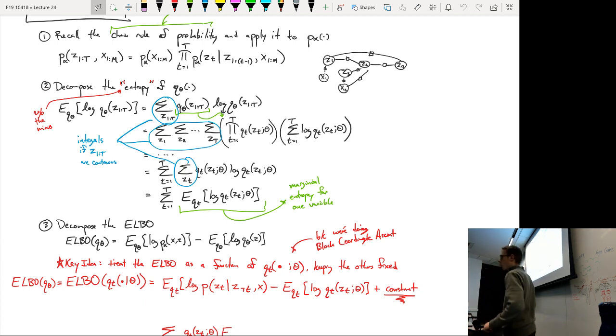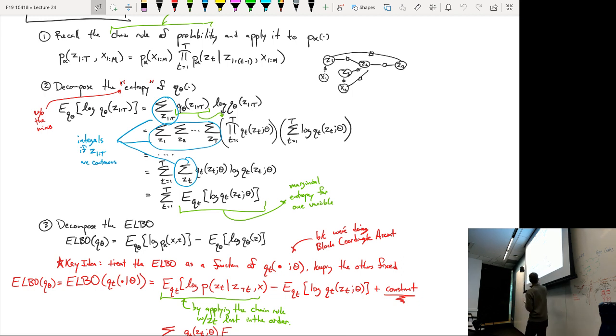Okay. So whatever zt is, apply the chain rule to our joint, making sure that it's the last term in that product. And then here, we have a sum over expectations for all of the different zt's. But let's just push all of the ones that don't involve qt into this constant. Okay?